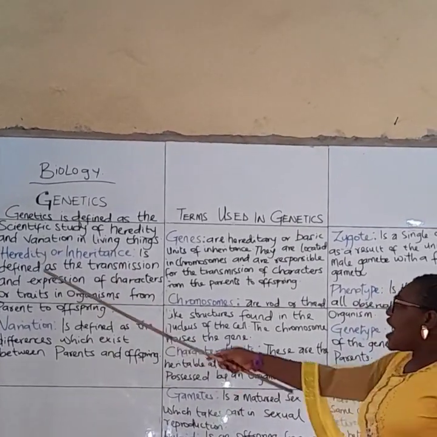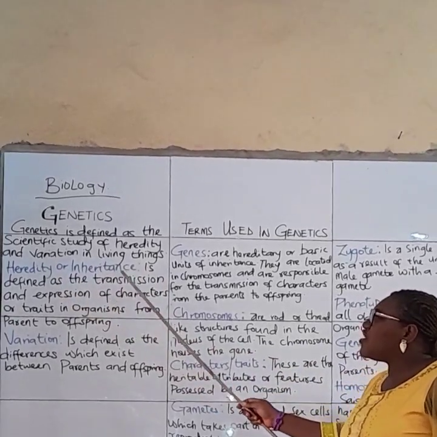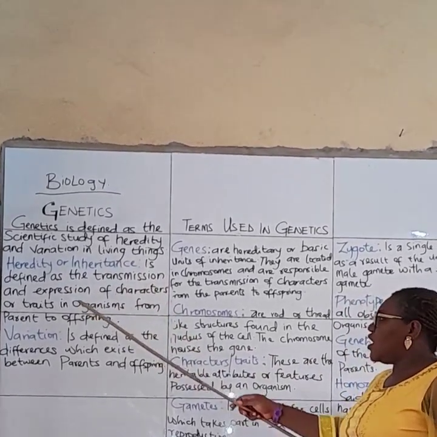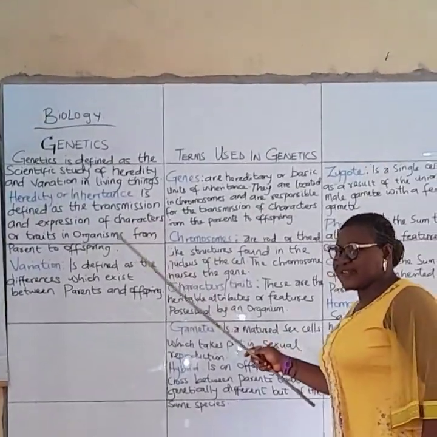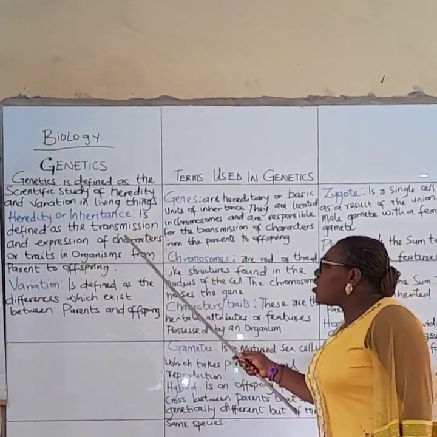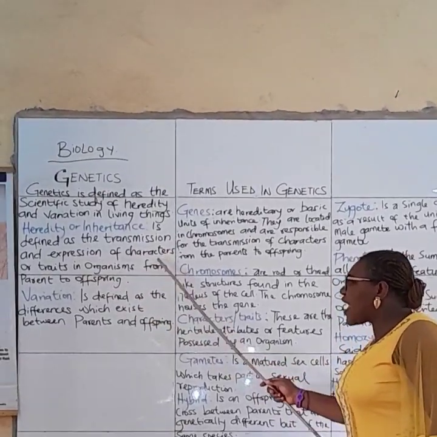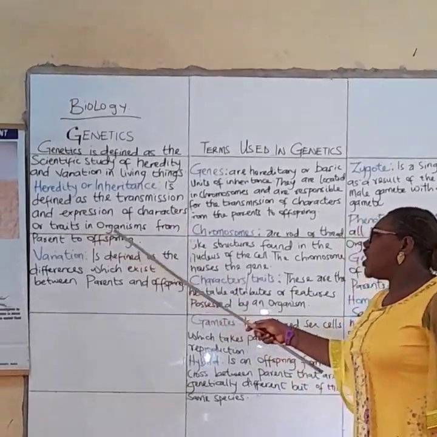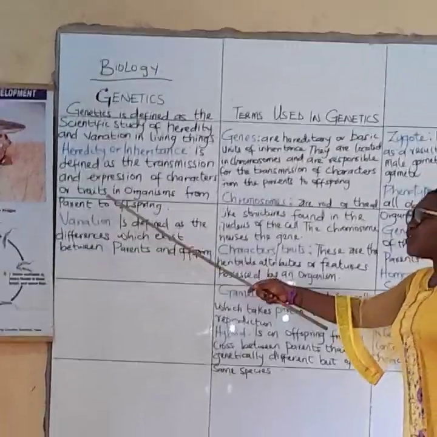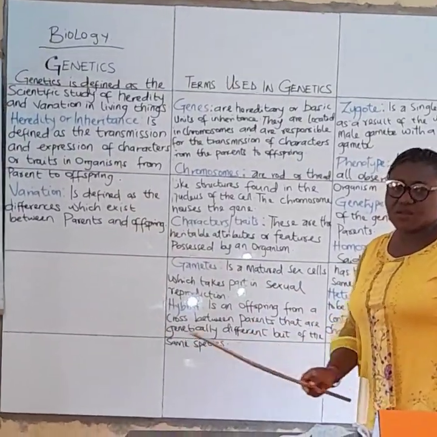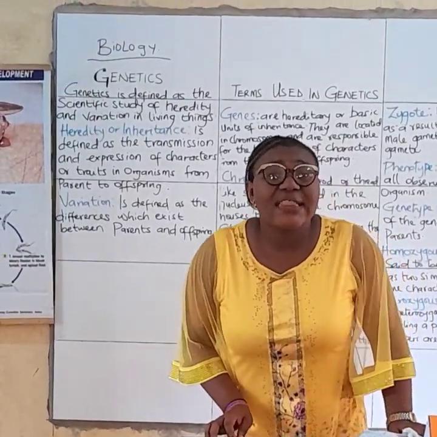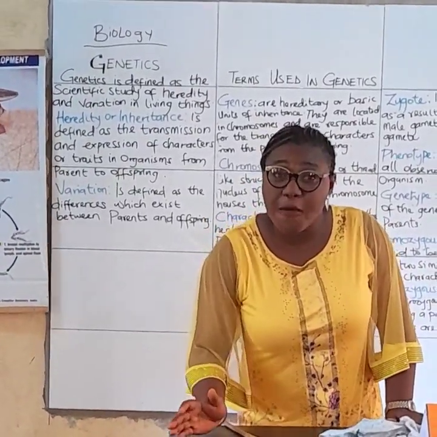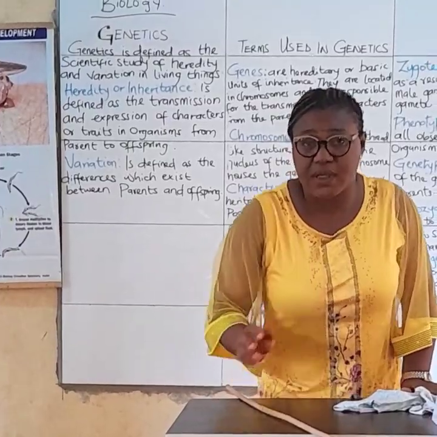Heredity is defined as the transmission and the expression of characters or traits in organisms from parents towards offspring. The transmission of character, that character that is being transferred from your parents to the offspring.